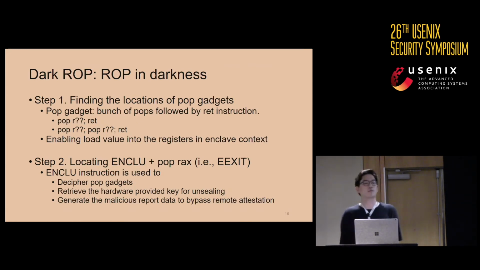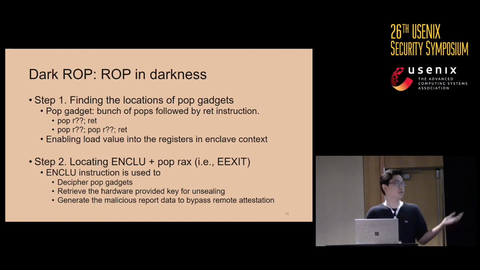We have 4 steps to find the location of the gadgets inside the enclave without any information of the enclave binaries. At the first step, we find the location of the pop gadgets. Here, the pop gadget means a gadget that consists of a bunch of pops followed by a return instruction. For example, pop once and return, and another example is pop once, pop twice, and return.